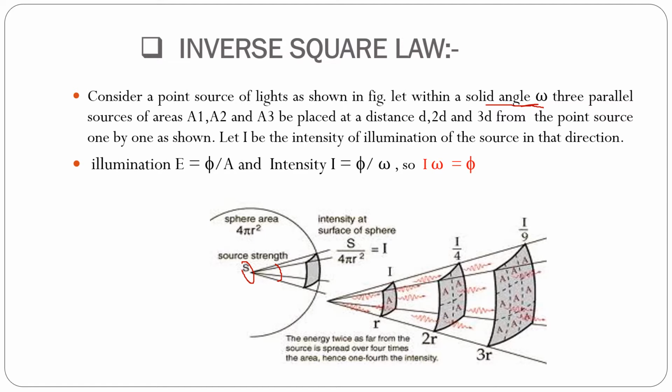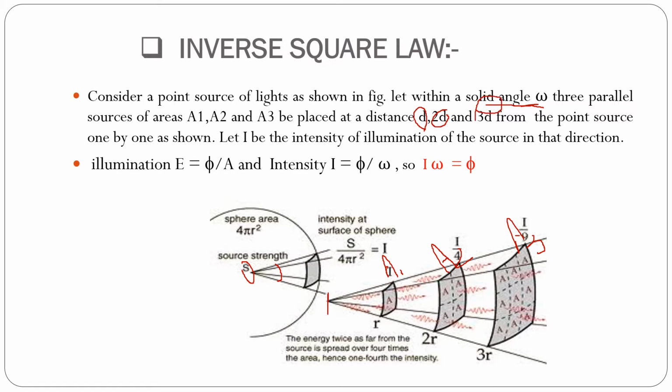Three parallel surface areas: here I consider three areas, A1, here is A2 and here is A3. Now the distances from the point source of light to those areas are D, 2D and 3D.